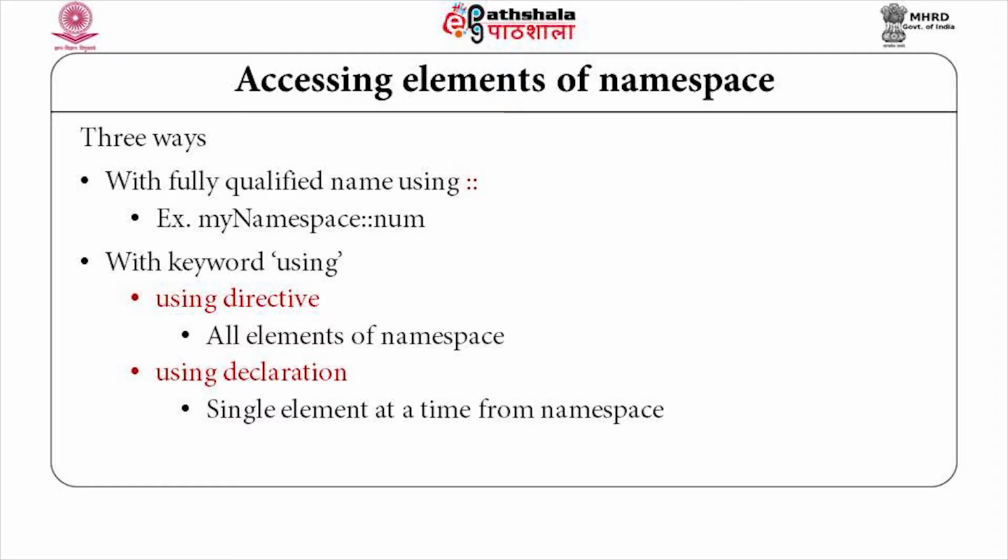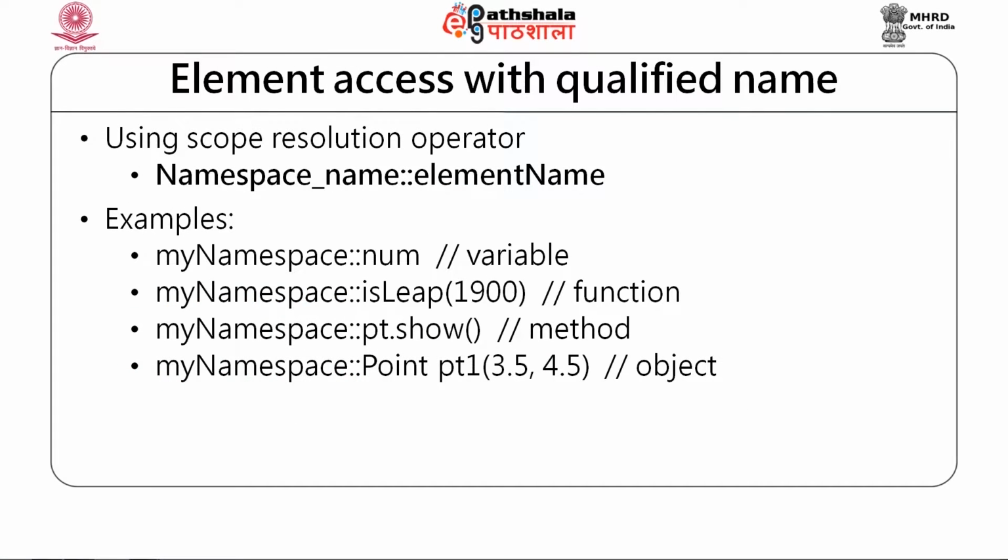We can also use the keyword using to import all the elements of the namespace in a particular scope, or we can use the using declaration, where we can import only a single element at a time from the namespace. When we use this using keyword, it allows us to use the names without qualifiers. Of course, we can use them with qualification also.